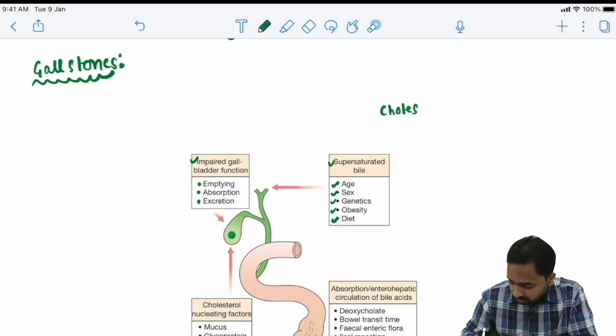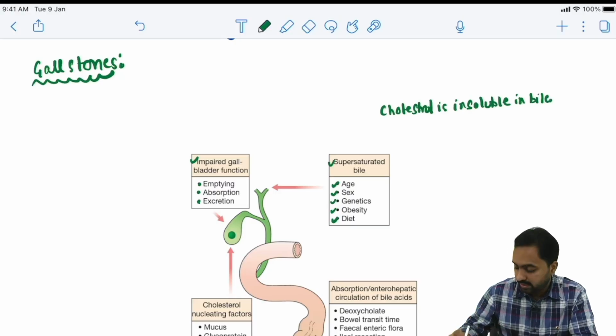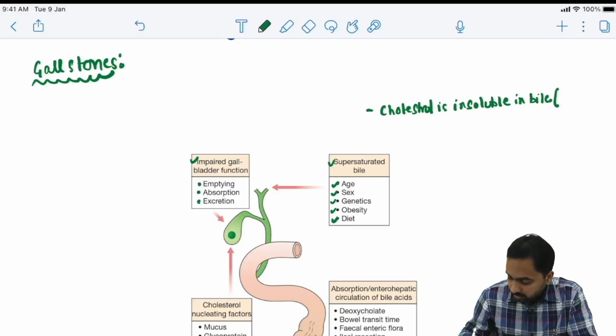Cholesterol is insoluble in bile, right? Water is the main constituent of bile.